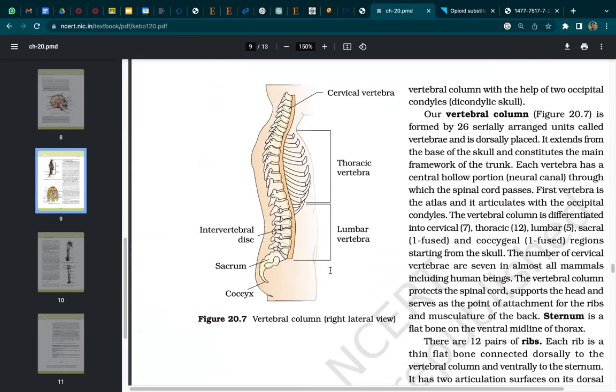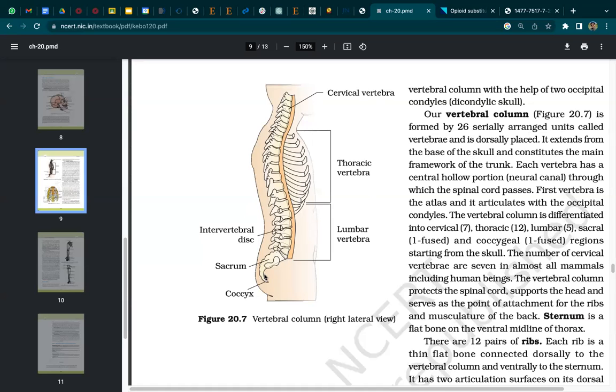Now let's come to the vertebral column. It says that the vertebral column is formed by 26 serially arranged units called vertebrae and is dorsally placed.